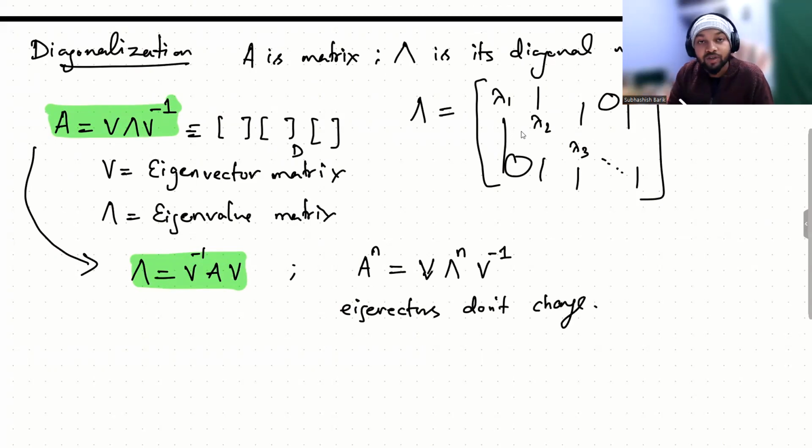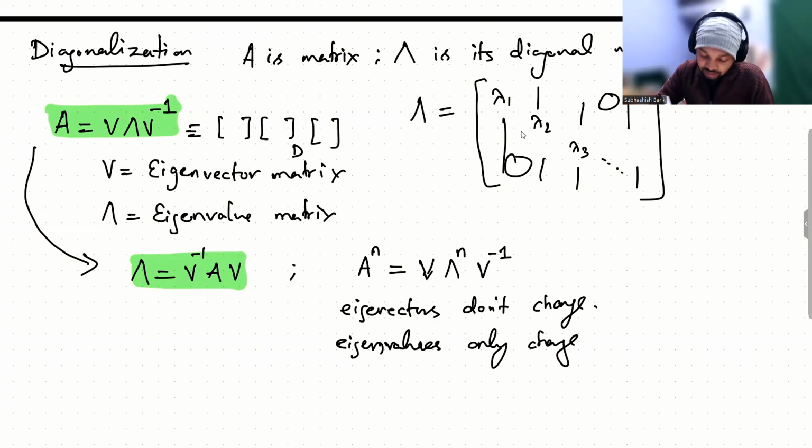The eigenvector of A and the eigenvector of A square would be the same. Eigenvector of A cube would also be the same because the eigenvector matrix V is not changing. Only the eigenvalues change, and they just change by the power.